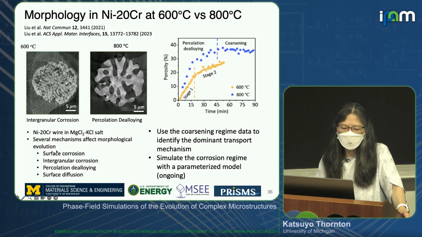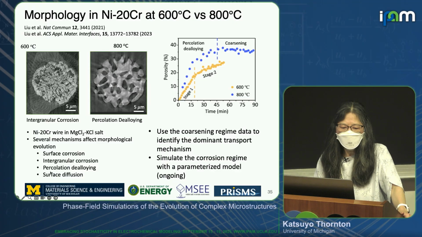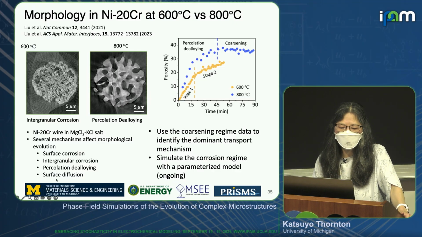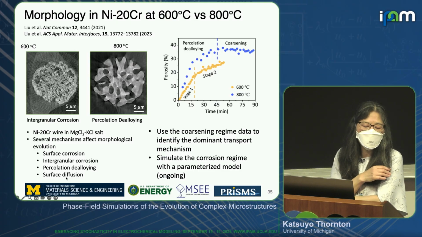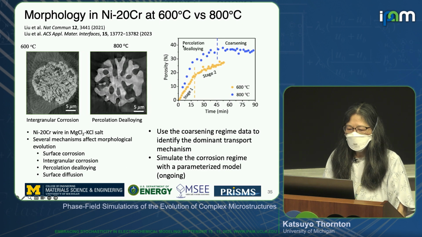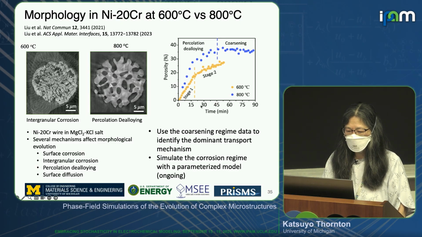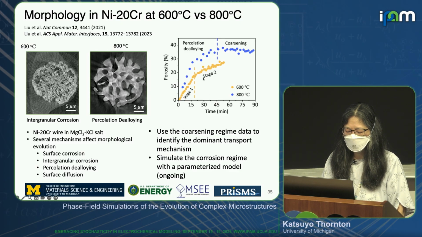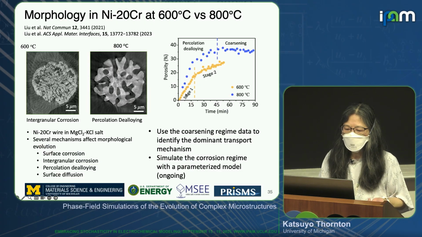And they see processes such as surface corrosion, intergranular corrosion, percolation dealloying, and surface diffusion, or some kind of diffusion mechanism that causes this microstructure. So if you look at the porosity, there are actually multiple distinct stages.